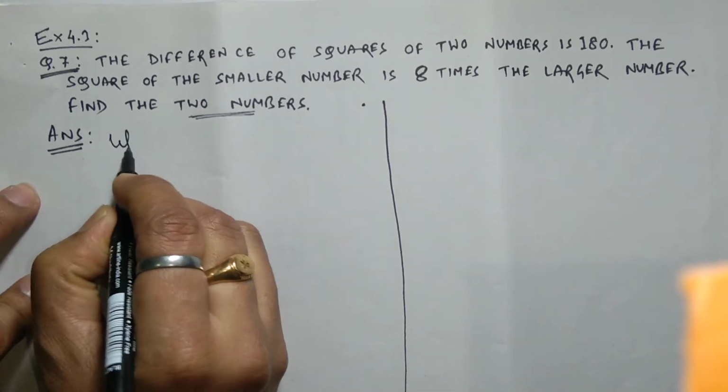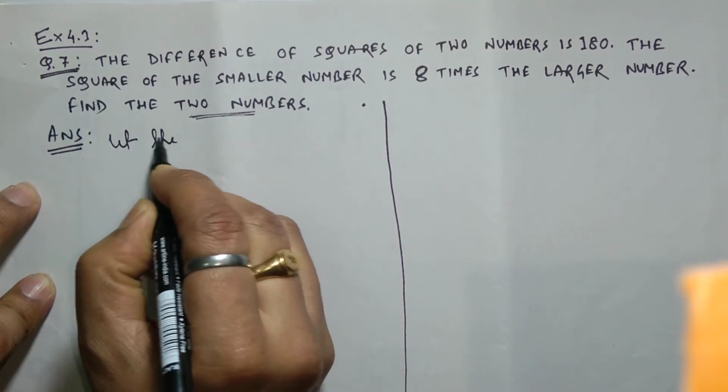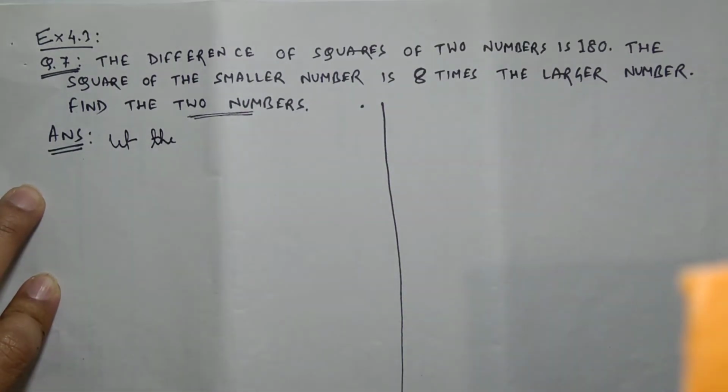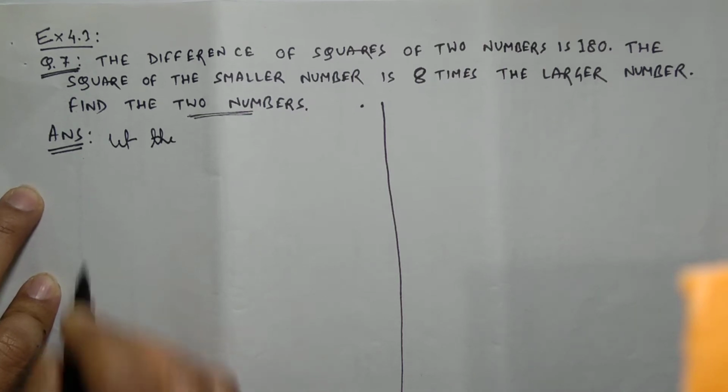This time we have two numbers. The difference of the squares of two numbers means you have to do subtraction, and when you do subtraction, one number is always bigger and one is always smaller. That is why I start like this.